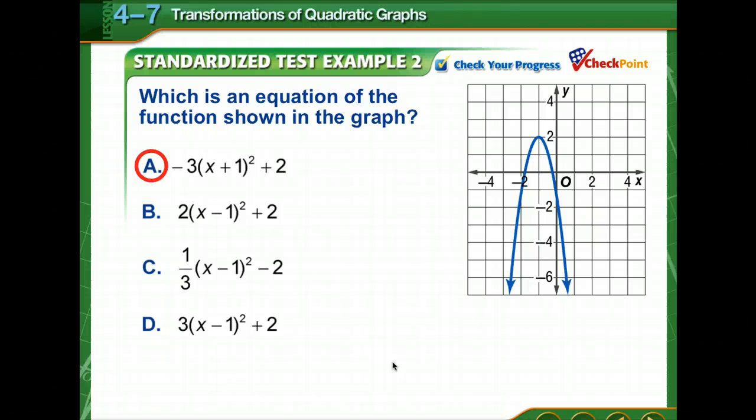Okay, so the vertex is (-1, 2), and the graph crosses at (0, -1), just like in our example. So I substitute in -1 is equal to a times (0 minus -1), square that, plus 2. When we solve for a, we end up with a equals -3, and we know that our vertex is at (-1, 2).